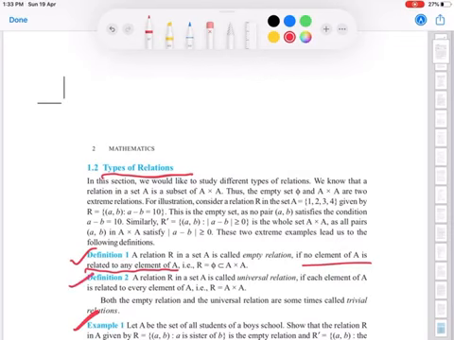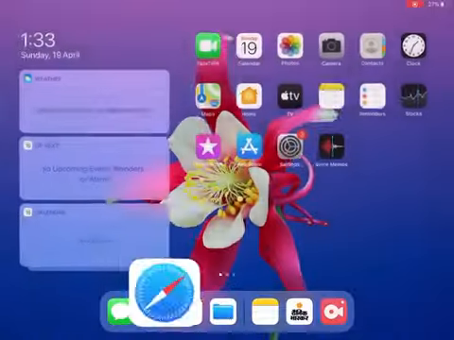There is another definition here which says that the relation R in a set A is called the universal relation if each element of A is related to every element of A. That is, R equals A cross A. Now let us go back to the previous example which I had written here, such that A is 1, 2.